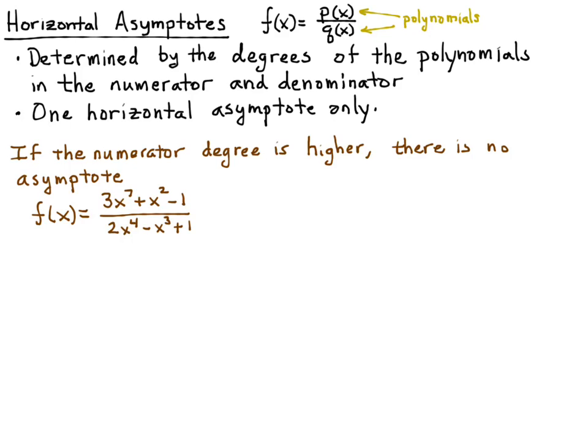Well, it goes off to infinity as x gets larger. So here's the long-term behavior. The leading terms, it's going to behave like this long-term, both when x is very negative and very positive. So no asymptotes here because it's going to go off to infinity.